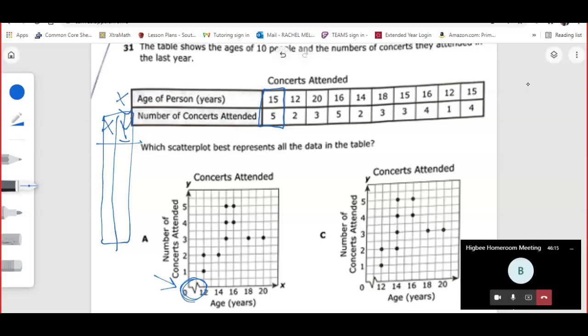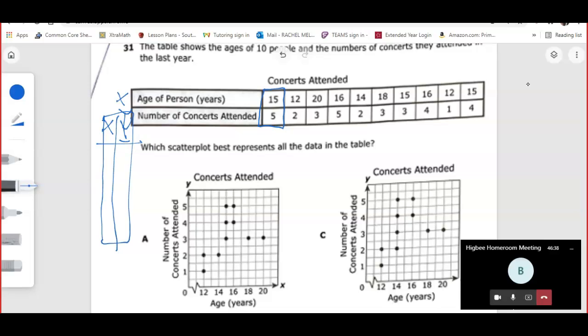It's kind of like if you take a piece of paper and fold it and scrunch it, that's what that symbol is. So they're showing you that we don't have any data until we hit 12, but we don't want our graph to be so big that all that empty space is in there.